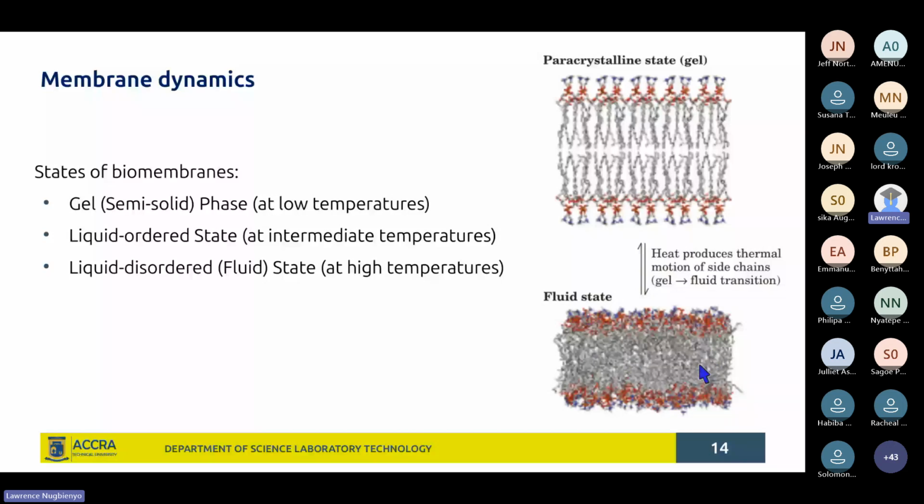And so you see that an increase in temperature results in more agitation of these phospholipids. And the movement of these phospholipids is what you're referring to as thermal motion of these phospholipids, which then results in a transition from a gel-like structure to a fluid structure.